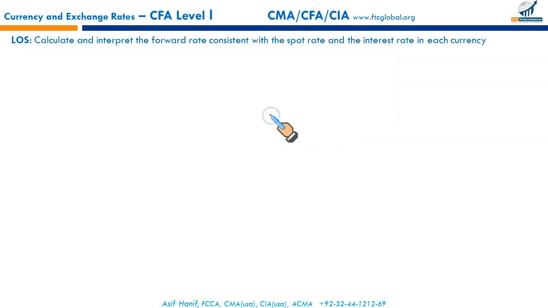Next is calculate and interpret the forward rate consistent with the spot rate and the interest rate in each currency. First of all, in the spot market, currencies are exchanged for immediate delivery, whereas in the forward market, contracts are made to sell or buy currencies for delivery in the future. Let's take an example.